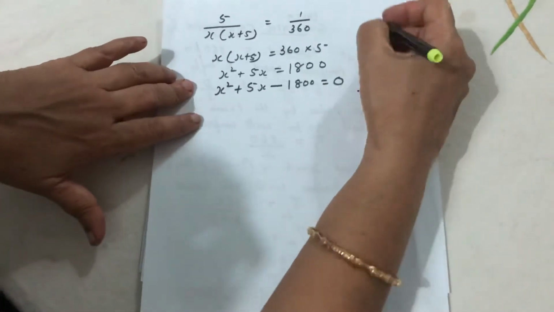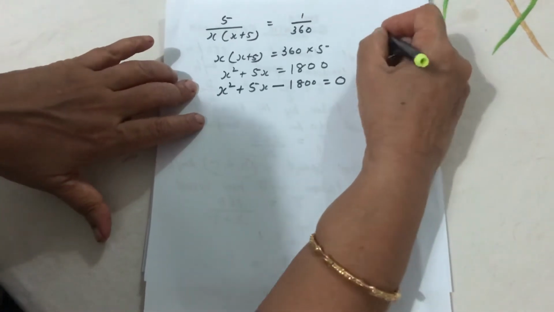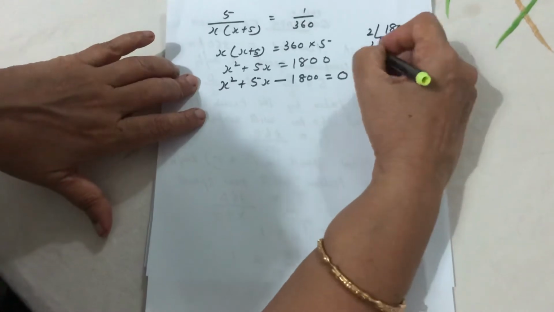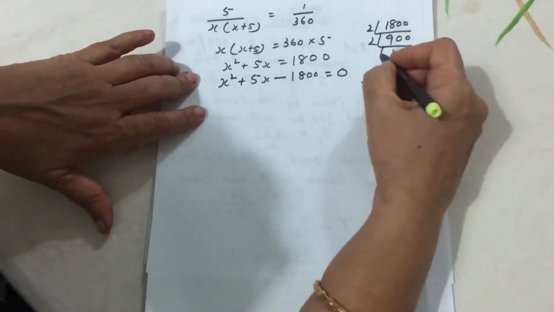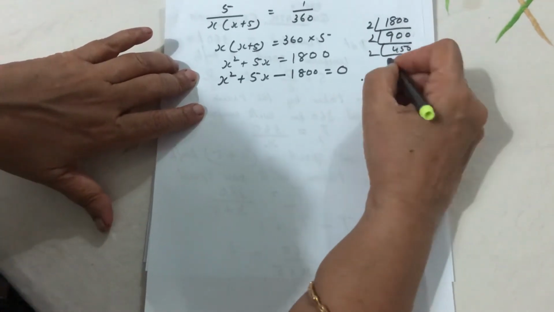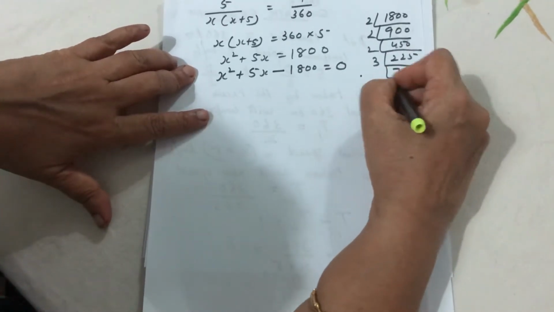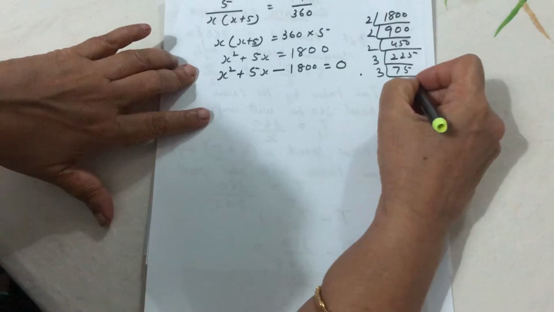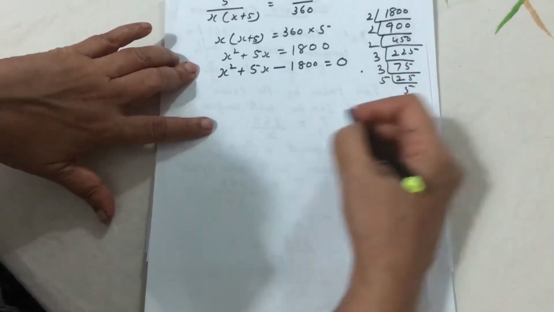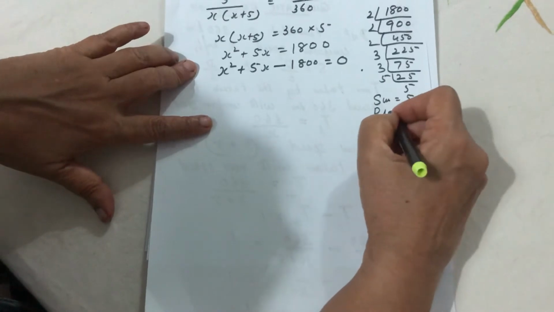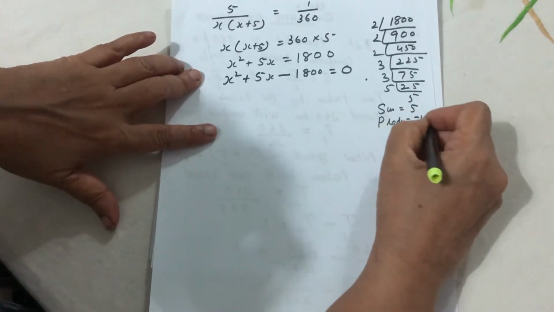So here I am taking factorization. 1800 to 900 to 450 to 225 to 75 to 25 to 5 to 5. See, sum is 5, product is minus 1800.